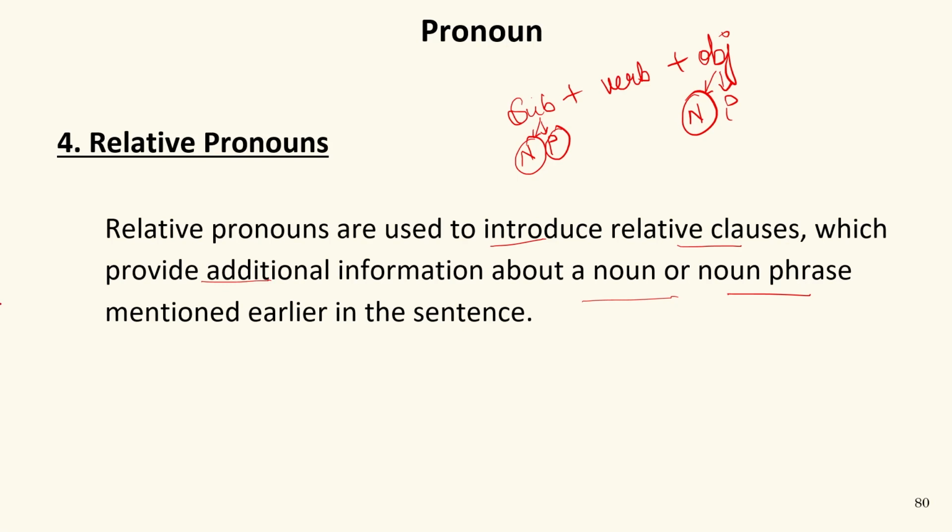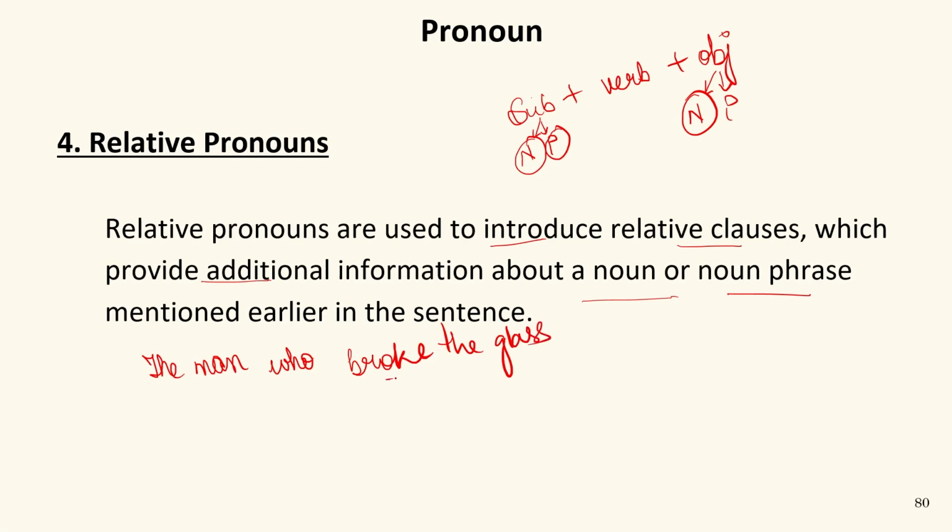For example, let's take an example over here. Suppose we say, the man who broke the glass. Now in this sentence, we see that there is a person who broke the glass.